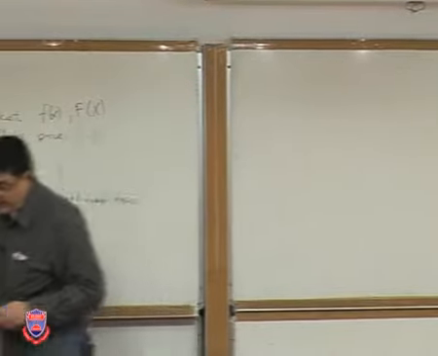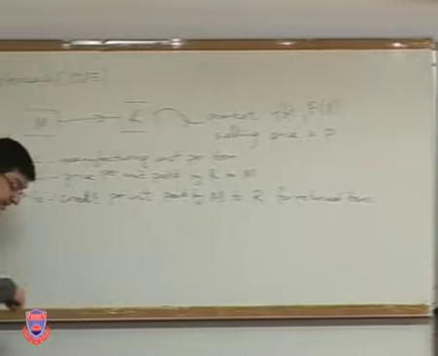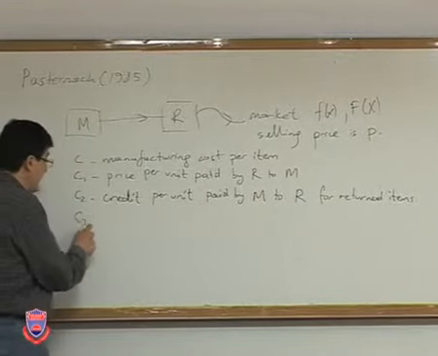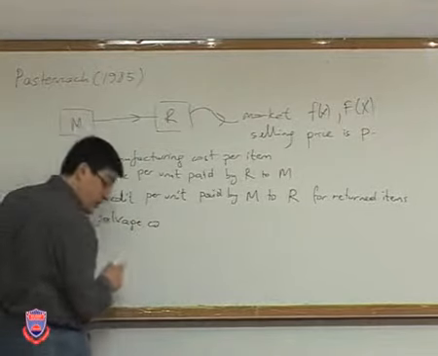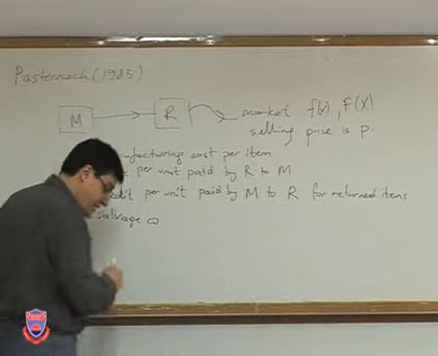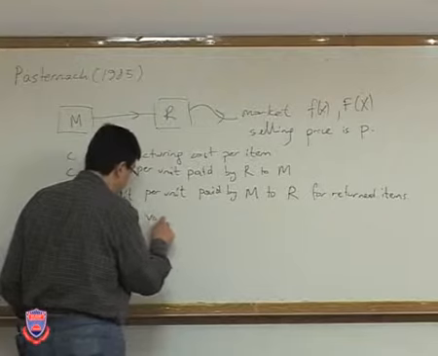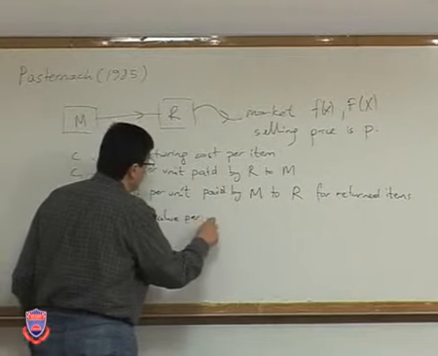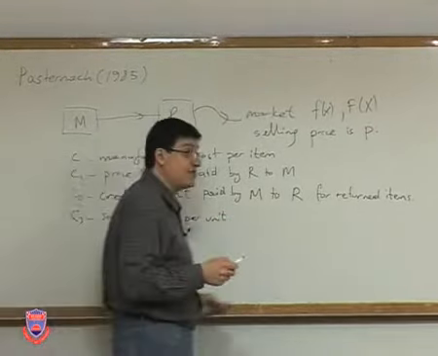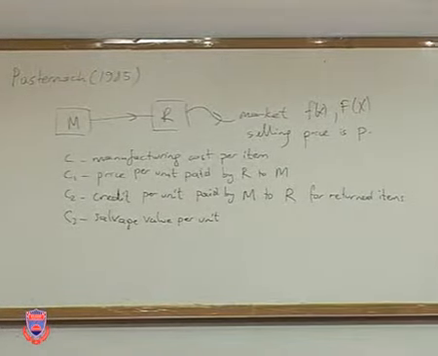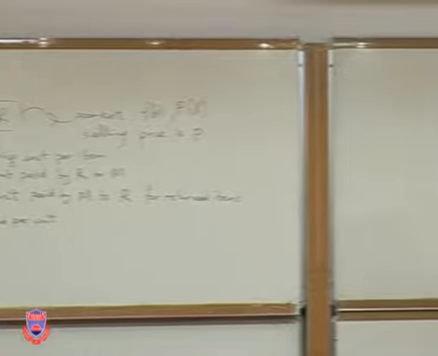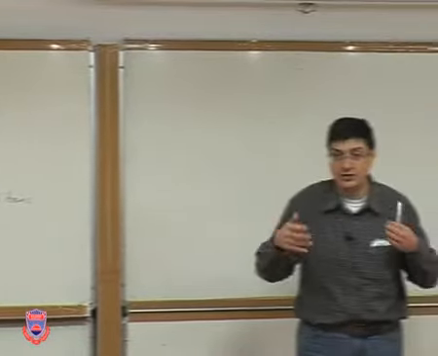Now we also have a C3, which is the salvage value per unit. It's not the cost, but the value per unit. So regardless of who salvages the item, the retailer or the manufacturer, both are going to get some kind of value out of it.